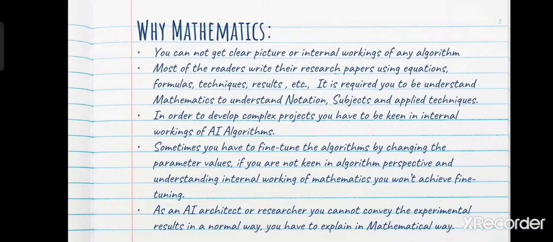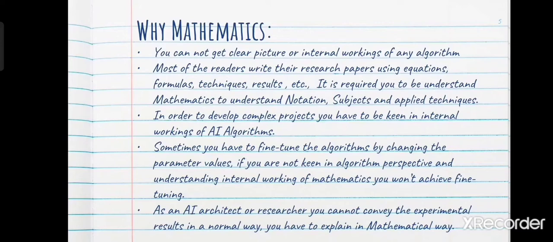Sometimes you have to fine tune the algorithm by changing the parameter values. If you are not keen on the algorithm's perspective and do not understand the internal working of the mathematics, you won't achieve fine tuning. So you have to understand the problem well, so that if you change a parameter or any other variables, you know how the perspective of the problem will be different. You can differentiate between things.